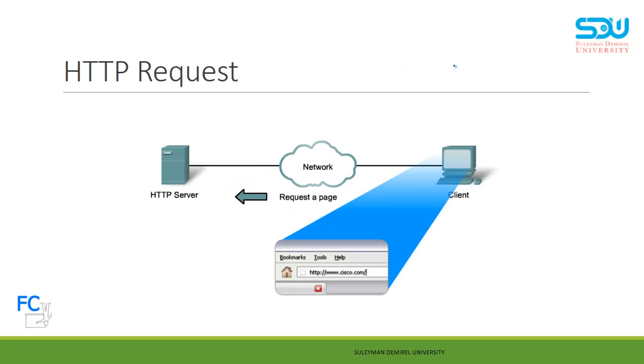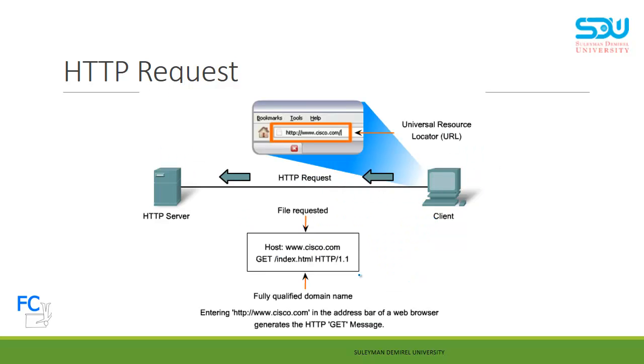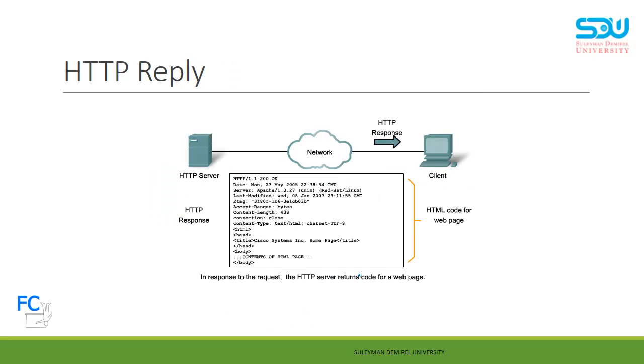When you type the domain name cisco.com, we don't see the process which is happening in the background, I mean the DNS process. Imagine that our client already knows the IP address of cisco.com and is making a request with GET index.html from cisco.com, and the HTTP server gives us the HTML code, and actually this HTML code now is the hypertext.